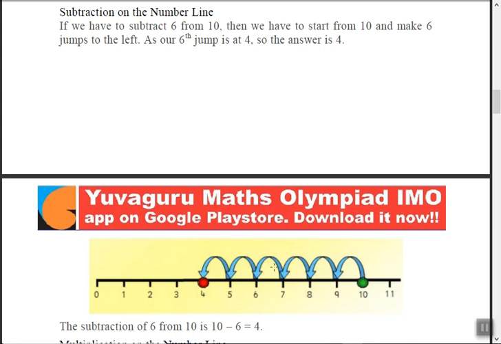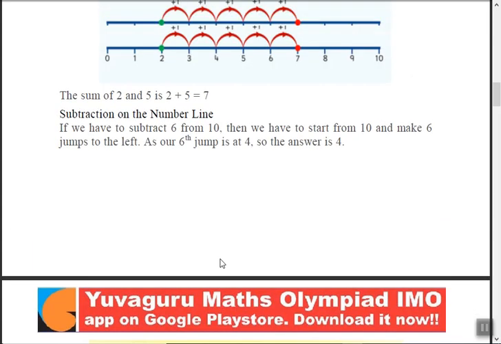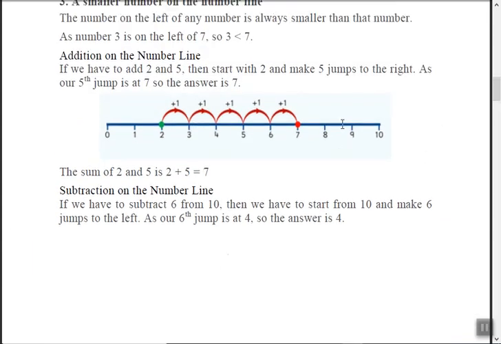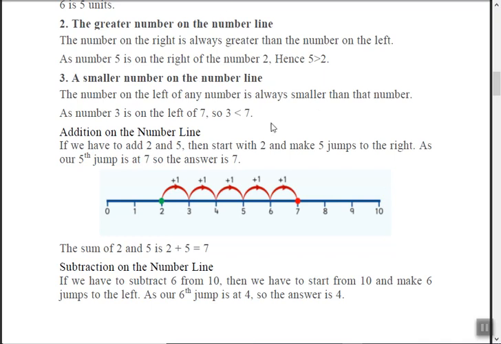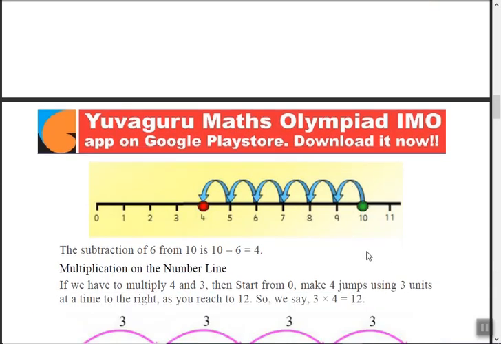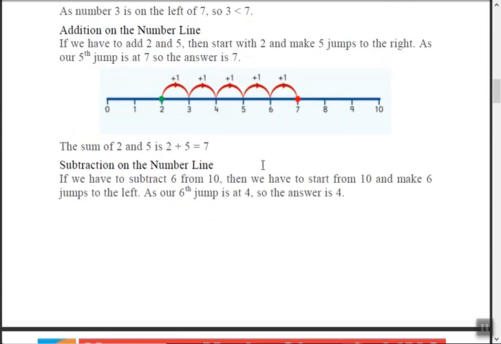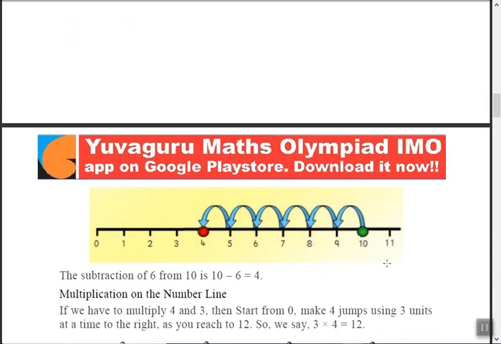Why? Because subtraction means we lessen the number, we reduce that number, and reduction is always left and addition is always right. We have just now seen greater number and smaller number, right? So always remember, while addition you move to the right, while subtraction you move to the left, on a number line.